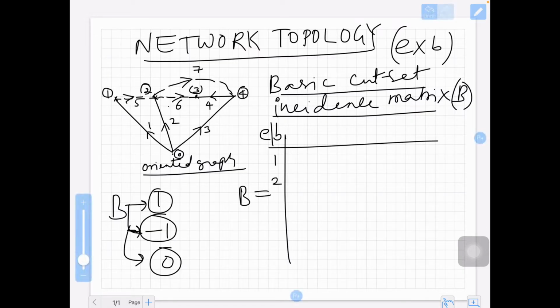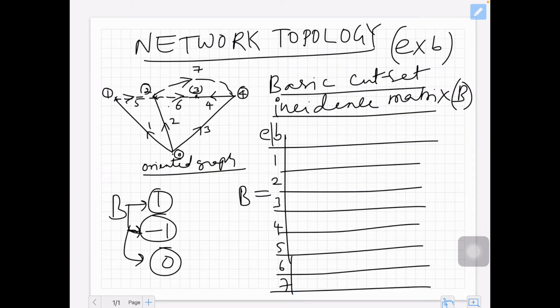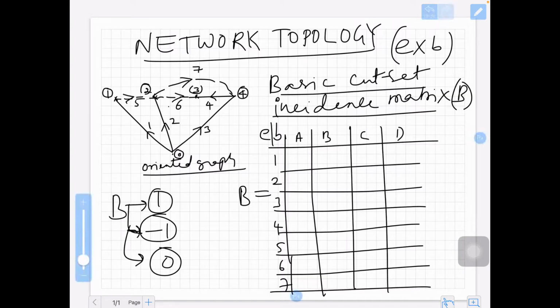So let us write the elements 4, 5, 6, 7, 7 rows, let us mark 4, 5, 6, 7 rows, and see the basic cut sets are equal to the number of branches. Here we have 4 branches, they are 1, 2, 3, 4, they are the line segments. So there let us mark A, B, C, D. So these are the basic cut sets equal to the number of branches.